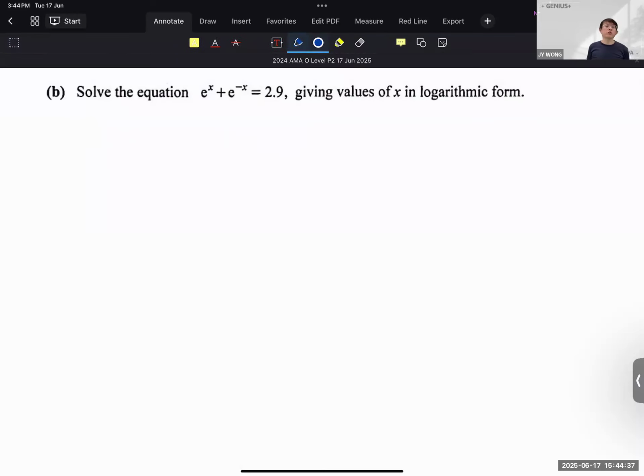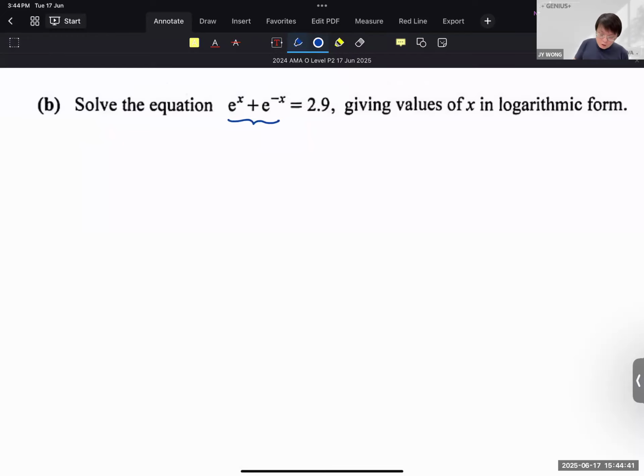You make them into a fraction first. So you combine this part. If you cannot see how to make them into a fraction, you know that this gives you e to the power x plus 1 over e to the power x, right? Equals 2.9.